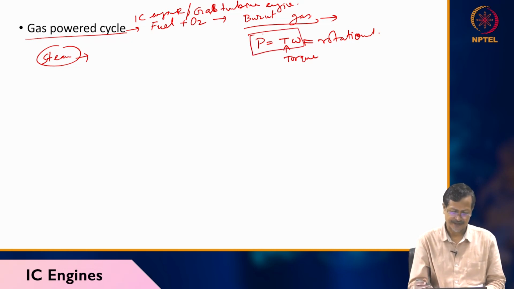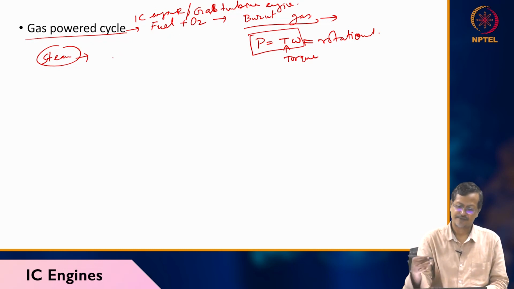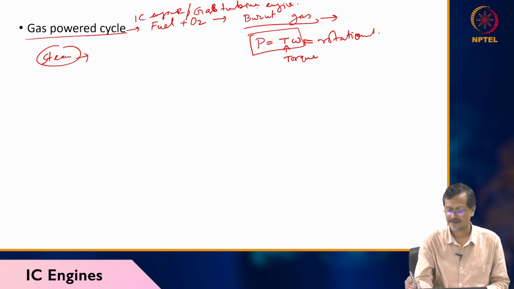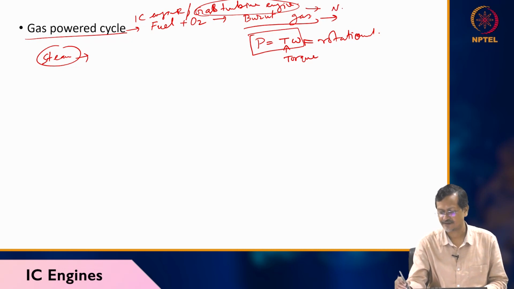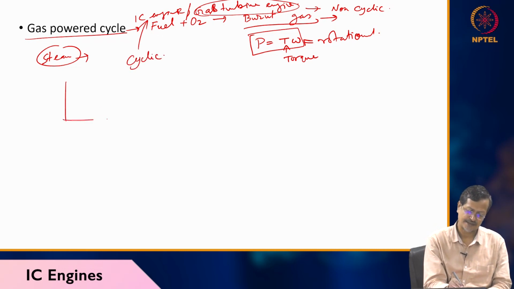Engine operates under cyclic or non-cyclic conditions. Cyclic operation means, if I say gas turbine engine, in that case we assume this is non-cyclic operation. We will discuss later. IC engine, we assume this is a cyclic process. What is that cyclic process?